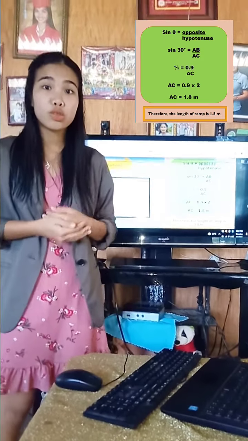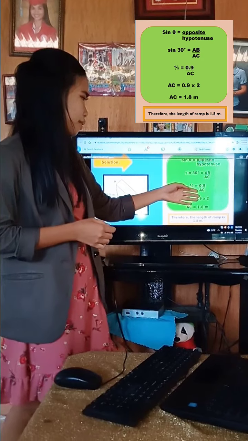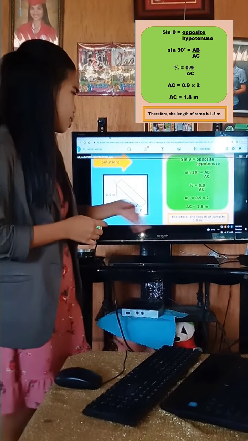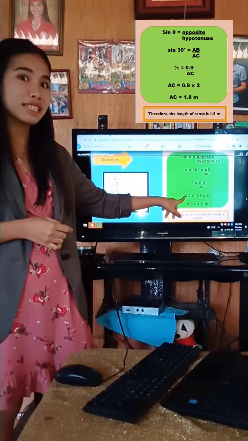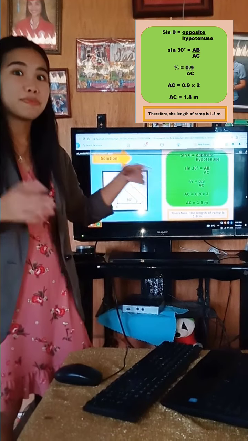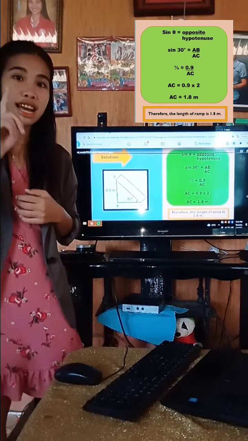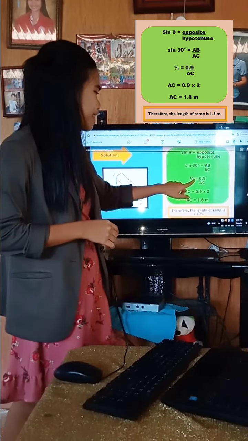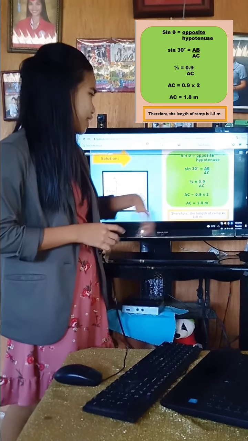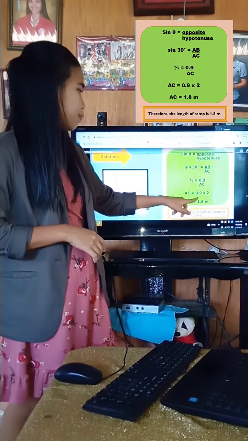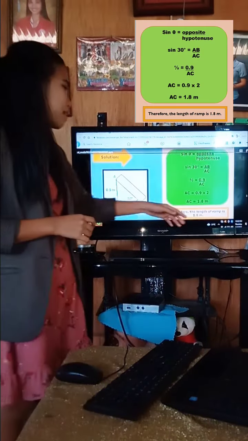The next step is cross multiplication. As we cross multiply, 1 times AC is 1 AC, or simply AC, equals 0.9 times 2. 0.9 times 2 gives 1.8 meters.